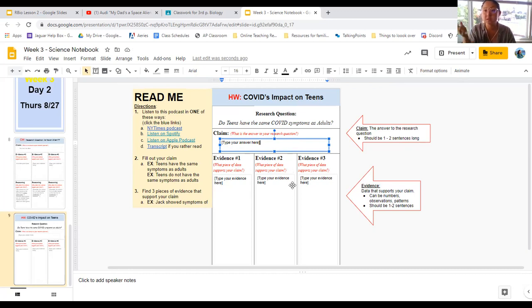Maybe they said this ninth grader, this young person, exhibited a symptom that was completely different than what we've seen in other COVID cases. Or maybe they're comparing the two, saying they're pretty on par with what adults get. They look very similar. Okay, they're both getting these symptoms. So collect the pieces of evidence that would support your claim. Okay.